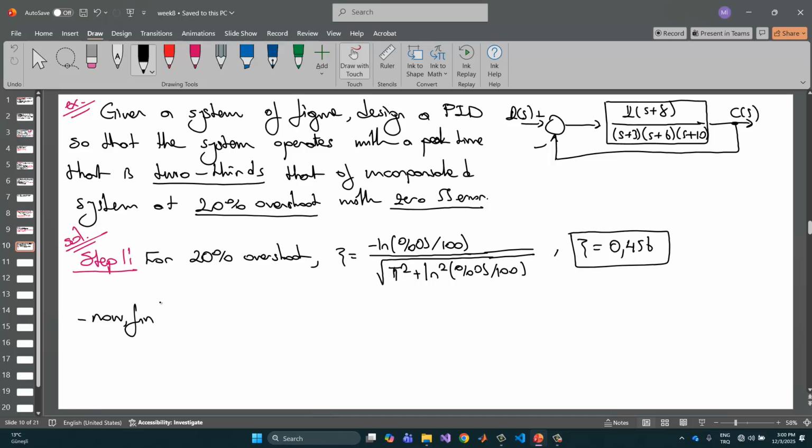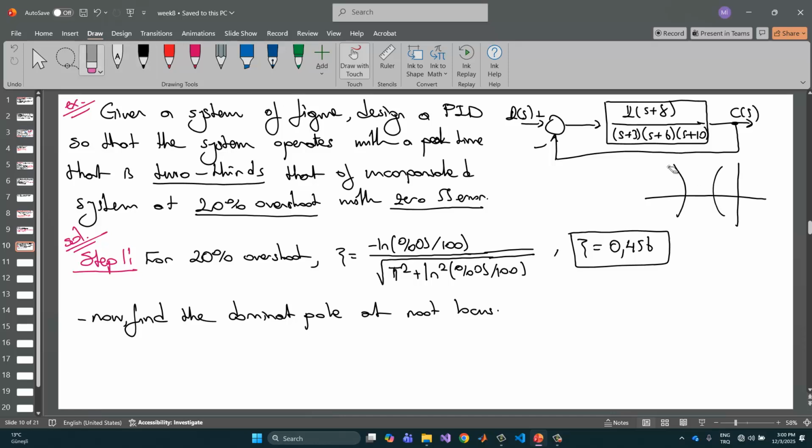find the dominant pole at root locus. In the root locus, we have such kind of graph. For example, these are the root locus cases in here.